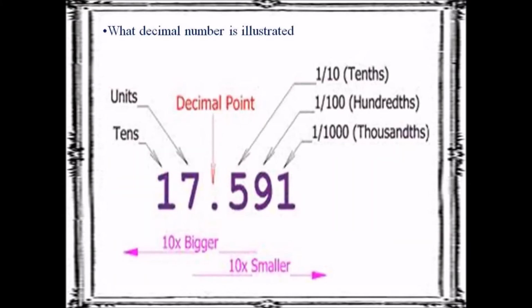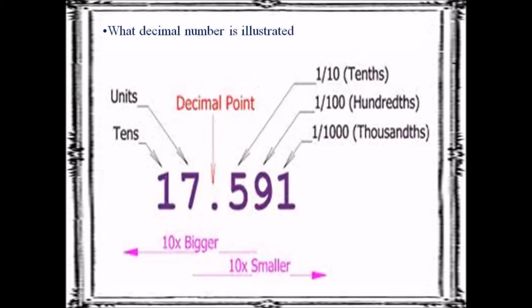Now, for example, 17.591. Before the decimal point the numbers are bigger numbers, and after the decimal they are smaller numbers. So tens and units are the bigger numbers.